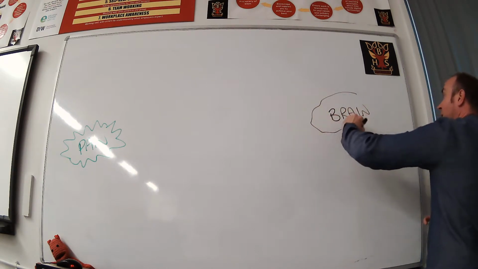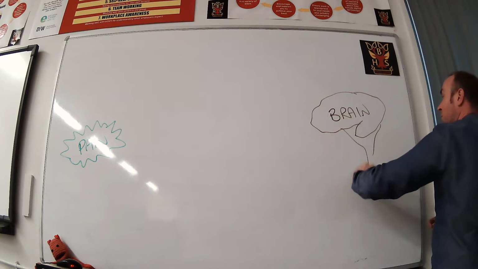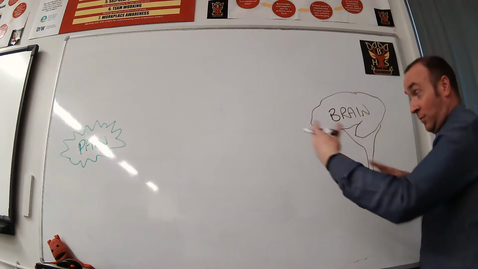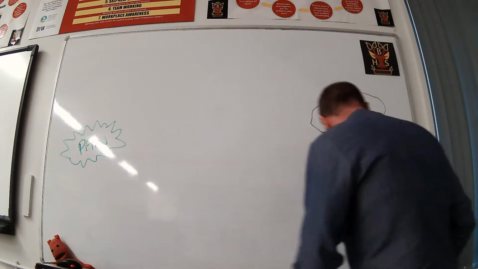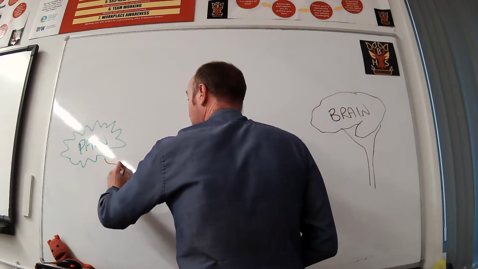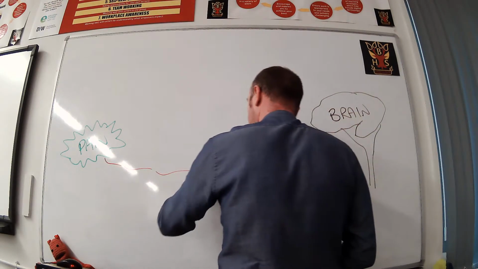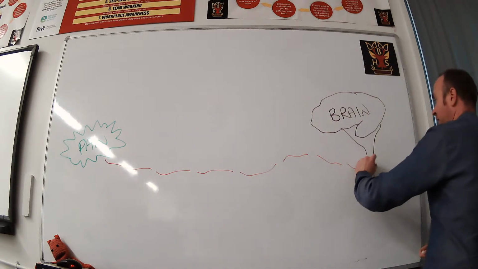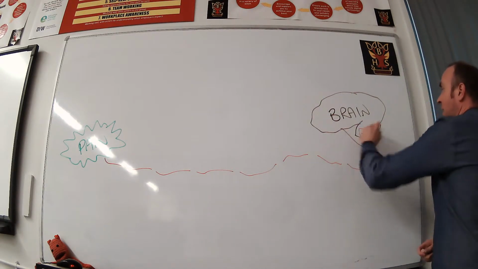So there's the brain, spinal cord. We want the signal to be sent from the source of the pain through sensory neurons. Eventually it gets to the spinal cord and it's sent up to the brain.